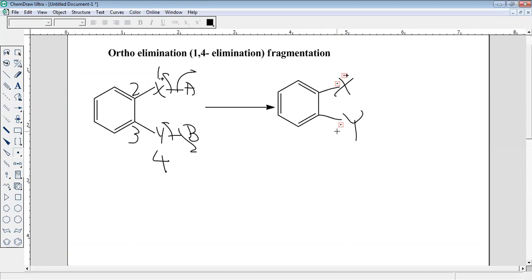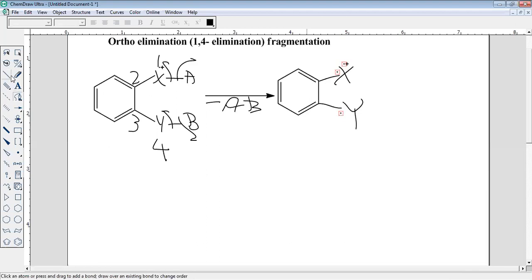Now, what is lost? AB is lost. We can say minus AB.